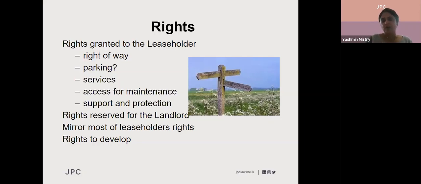Some leases drafted by developers will contain rights to redevelop, which is the landlord's ability to chop and change parts of the estate or development in different ways. They could move the car park, or move the gardens, or things like that. So if you're acting for a landlord as a property manager, it's always important to check rights of development to see whether the landlord has reserved themselves the ability to chop and change parts of the estate.